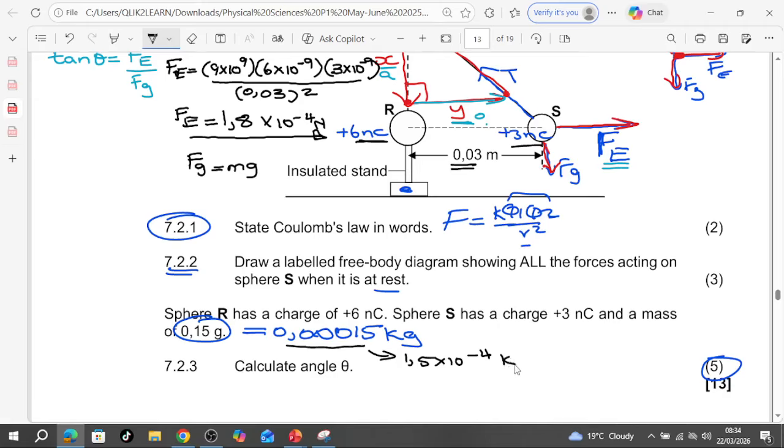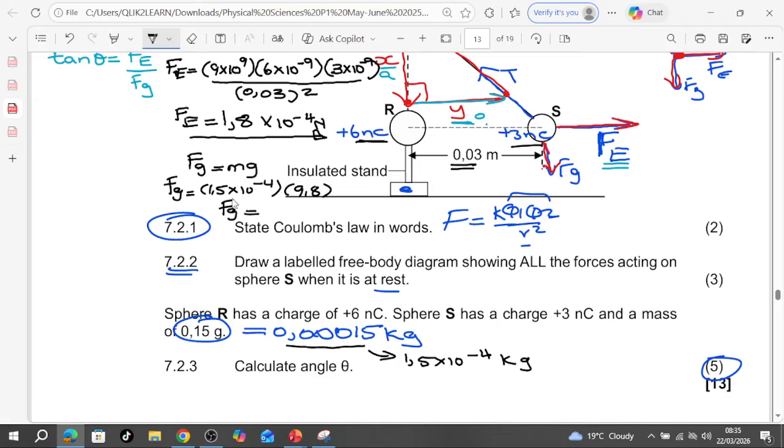That is the mass. So when it's like this, we can substitute and say Fg is equal to the mass of 1.5 times 10 to the power minus 4 times g, which is the gravitational acceleration, 9.8. So what is your Fg equal to when you put that on the calculator? Oh, by the way, this is the last question.